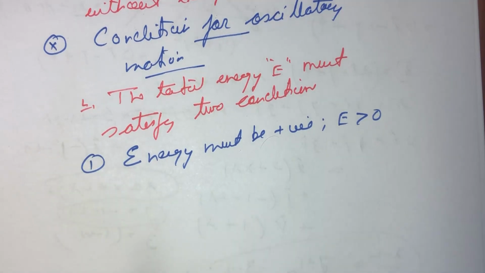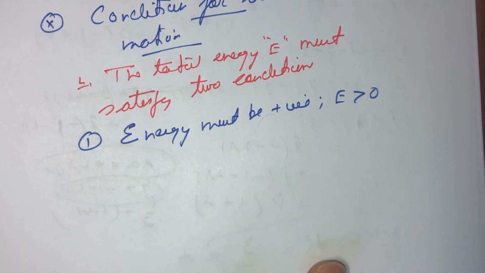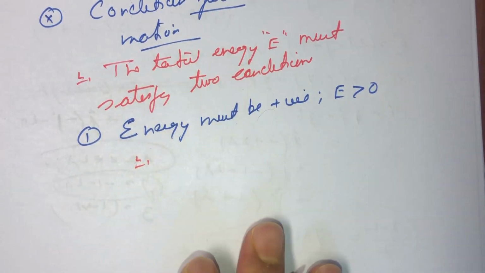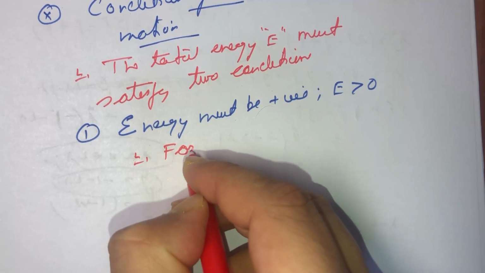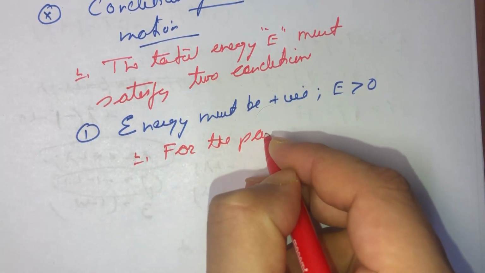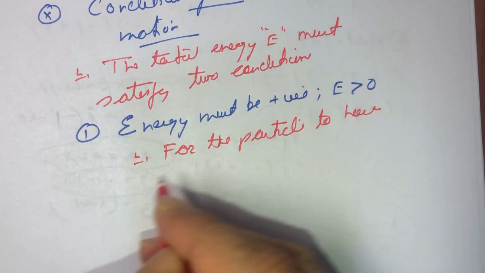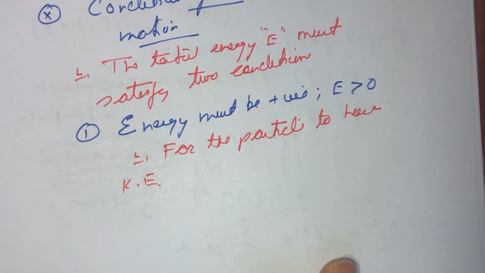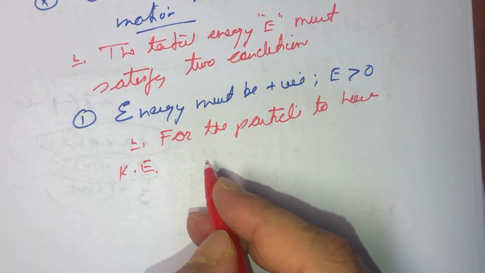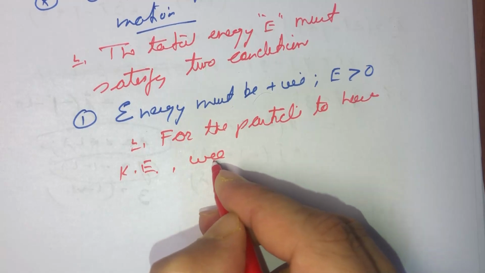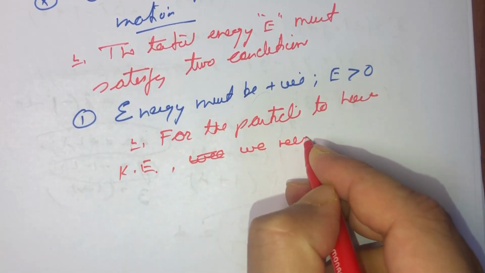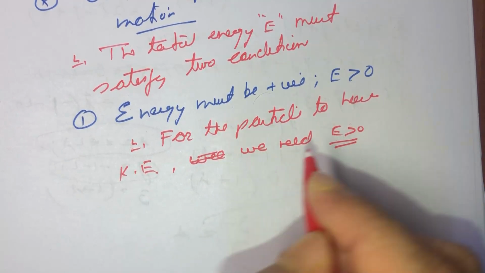So it means the particle, to have kinetic energy, we need E greater than or equal to 0. So from here we can say that for the particle to have kinetic energy, we need E greater than 0.